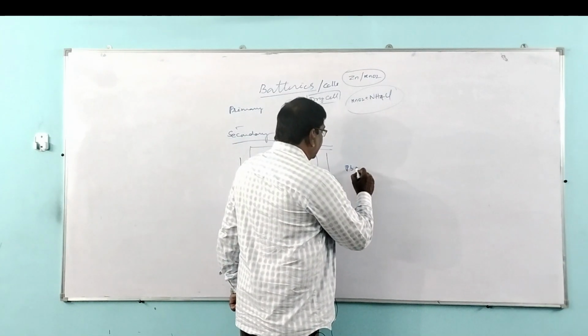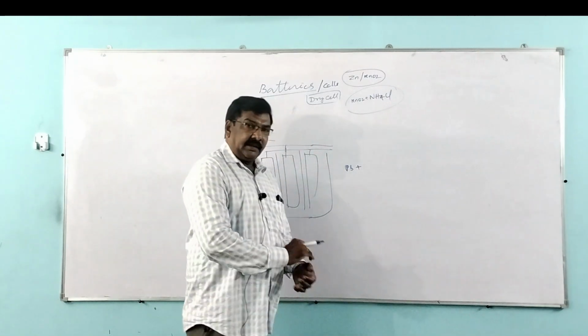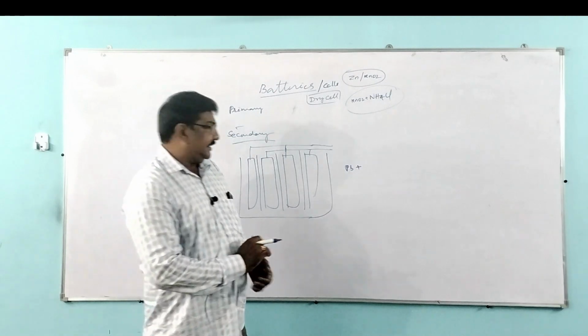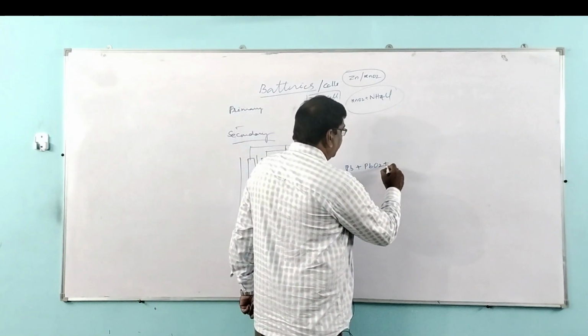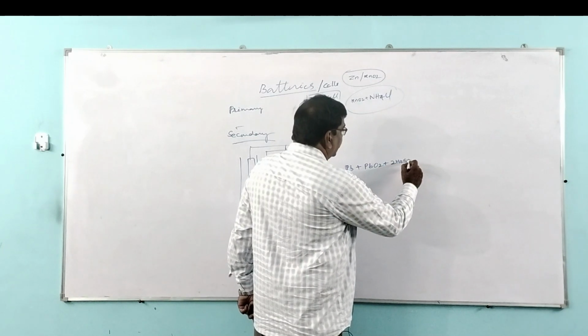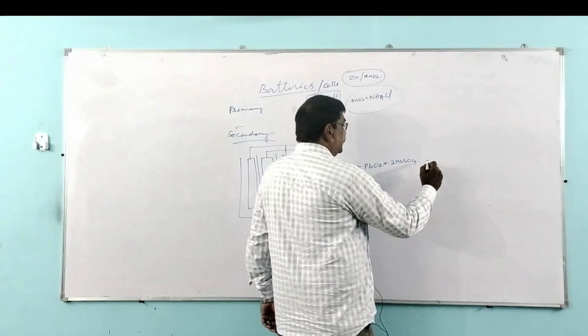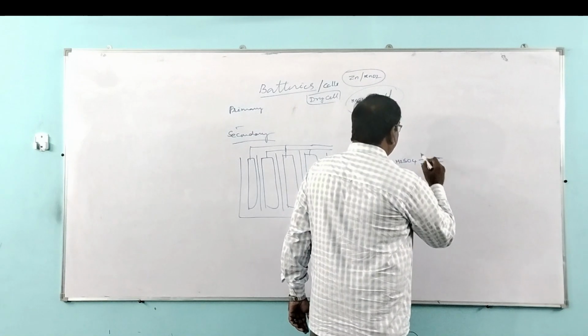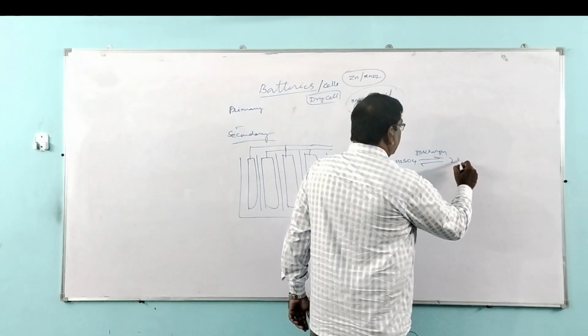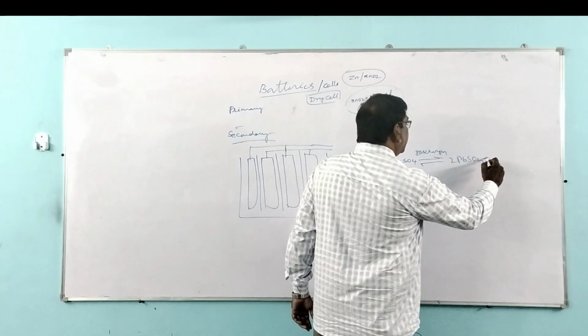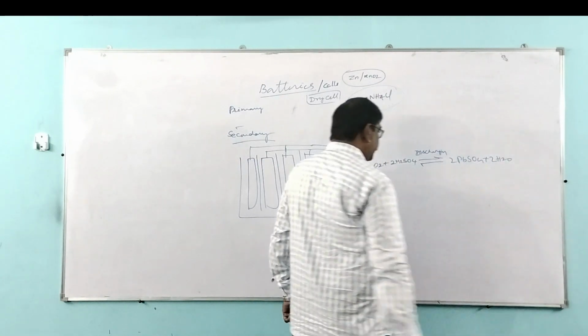While discharging, the reaction is Pb plus PbO2 plus 2H2SO4 gives 2PbSO4 plus 2H2O on discharging.